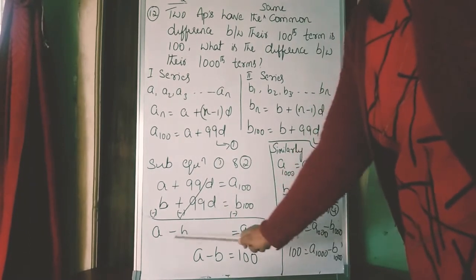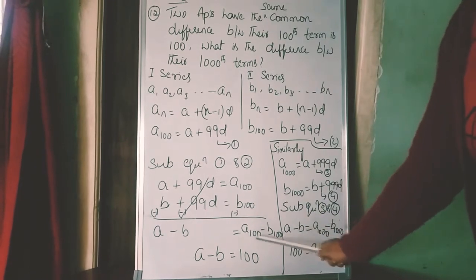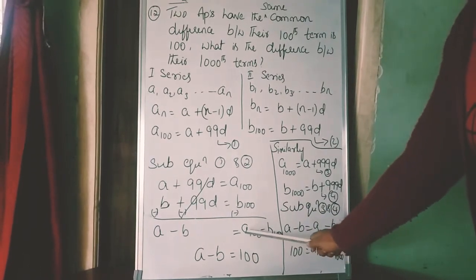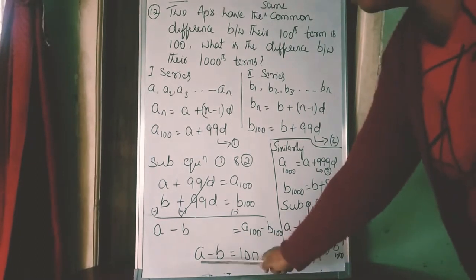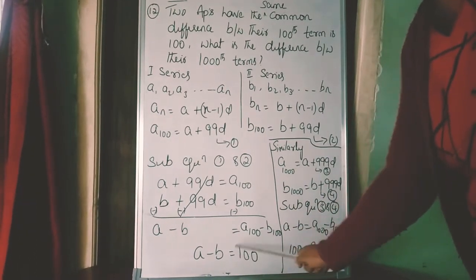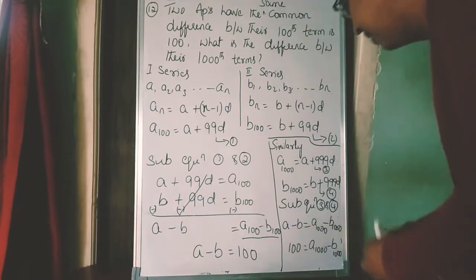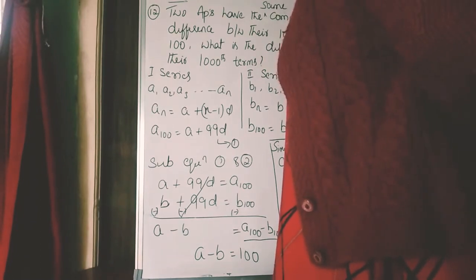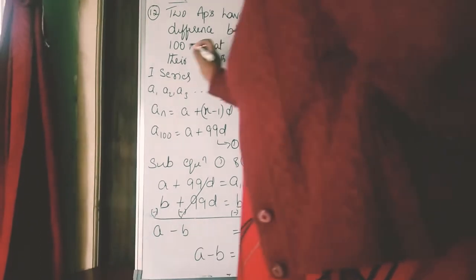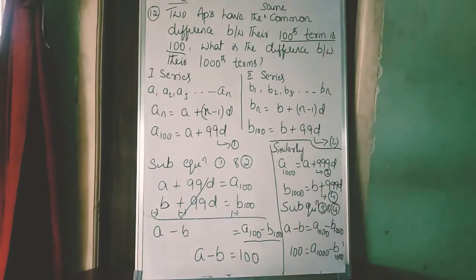So A minus B, and similarly A100 minus B100. Now A minus B is equal to this difference, the 100th term difference they have given in the question. See children, the 100th term difference is 100, that I am taking as 100 here.